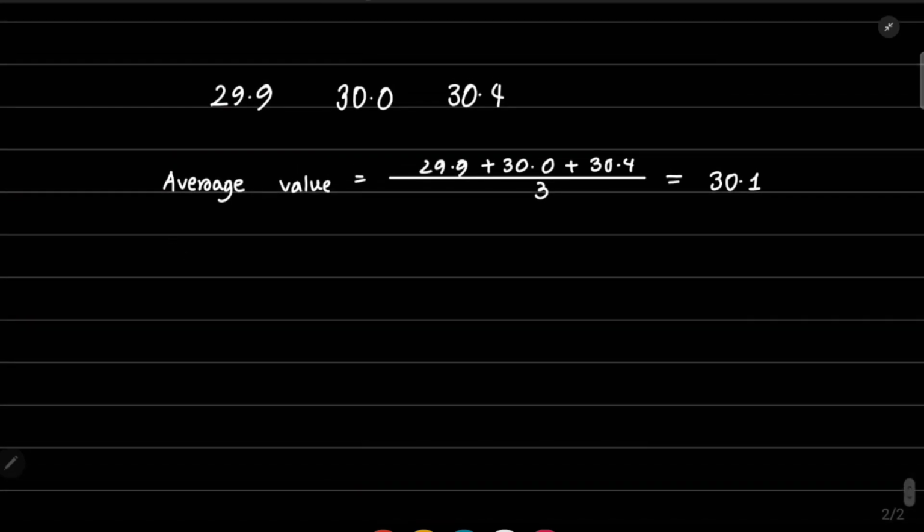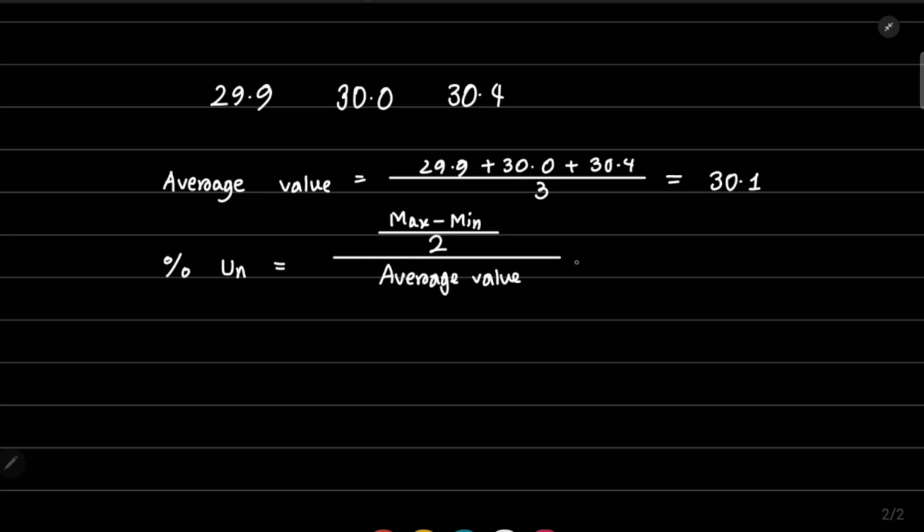In this case, the percentage uncertainty is half of the range of values. The range is the maximum value minus the minimum value, then we divide it by 2, and then the whole thing is divided by the average value.